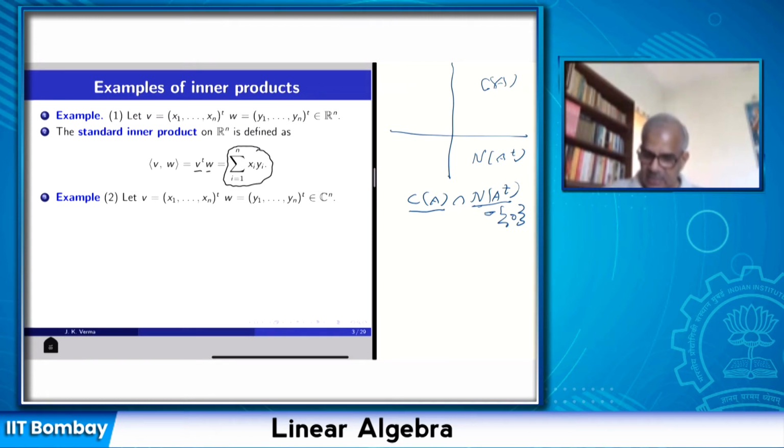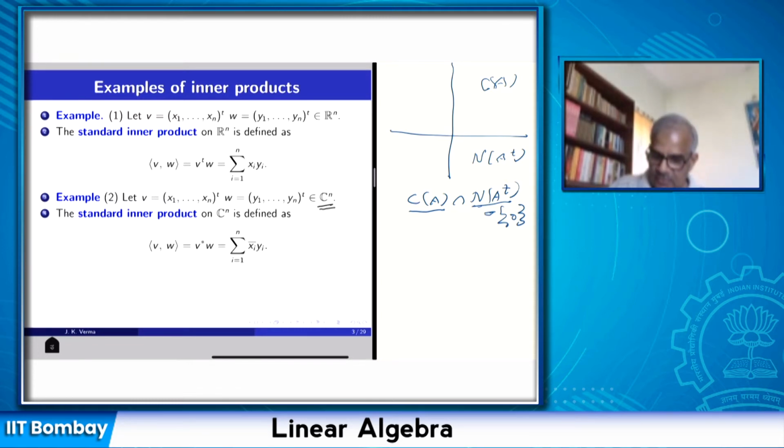Let's look at another example. Now my vector space is the complex vector space Cn. The inner product of V and W, these are now vectors with complex components, and we just copy this notation. The role of V transpose is played by the conjugate transpose, V star.